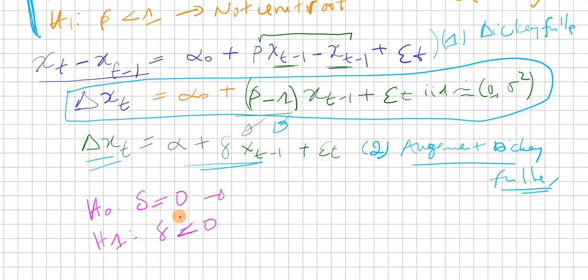This means that under the null there is no stationarity, the presence of a unit root, whereas under the alternative there is stationarity, with no unit root.